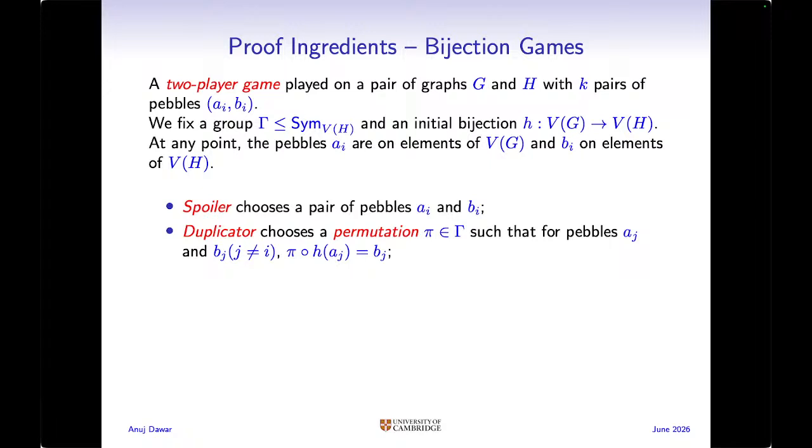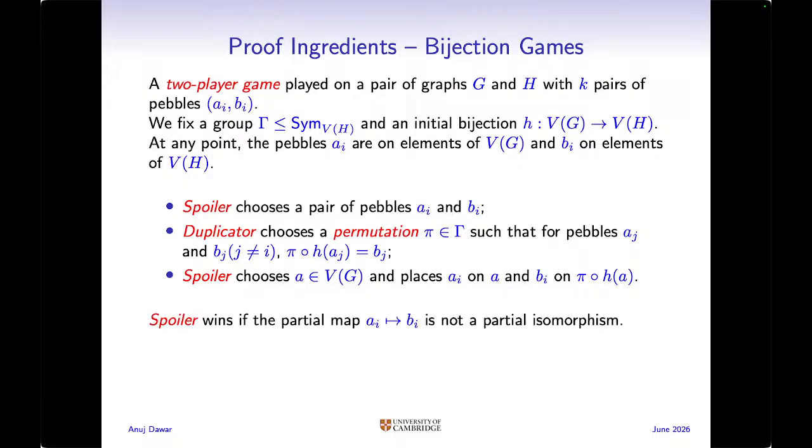Okay? And then spoiler chooses somewhere to place the pebble A_i, and B_i goes on its image under this bijection, pi composed with the initial bijection. If the partial map is not a partial isomorphism of the graphs, in other words, it takes some edge to a non-edge or some non-edge to an edge, spoiler has won, having demonstrated a difference between the graphs, and duplicator wins by playing forever without losing.